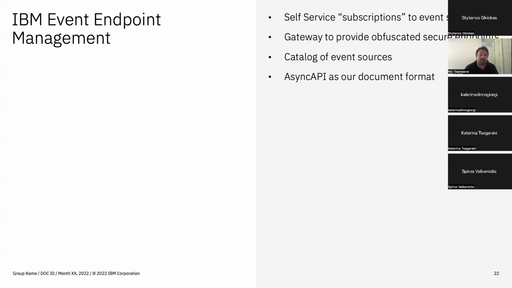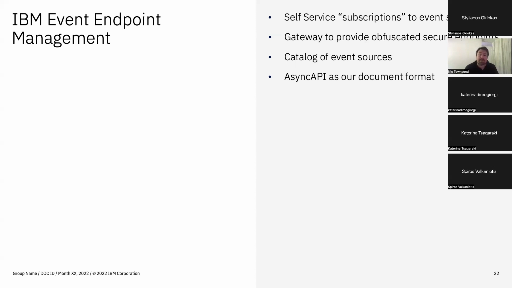We have built our own catalog of event sources, the idea being that you have a way for somebody to document and describe their event source and publish it to a catalog for everybody to discover, thus satisfying the need for new developers or somebody starting a new application to be able to search and find the data that they're interested in, rather than having to build their own endpoints.